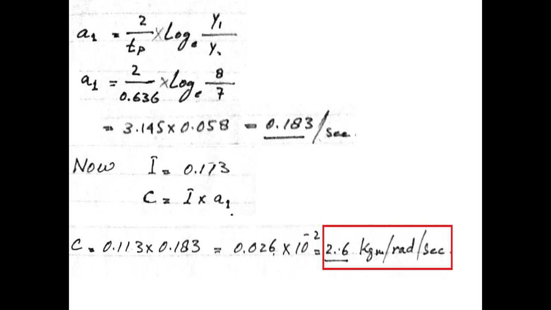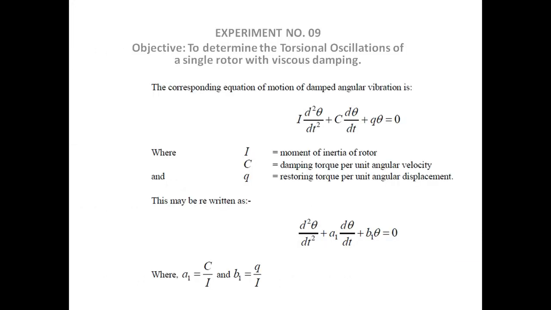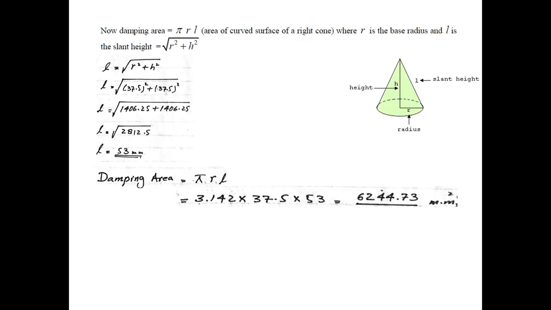Now if we know the value of C, then we can plot it against the area times mean radius and find its variation with increasing or decreasing the area. The damping area is equal to pi times radius times the length.